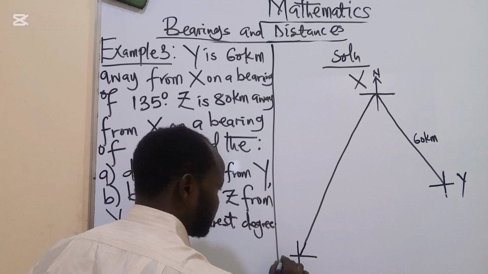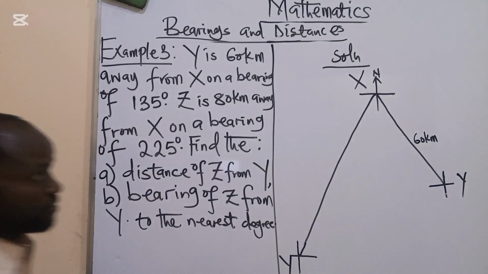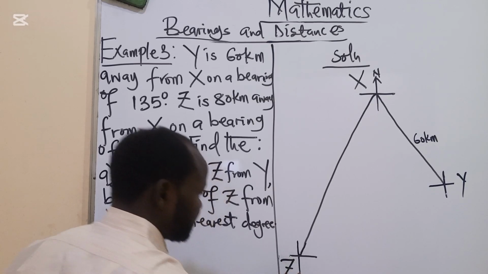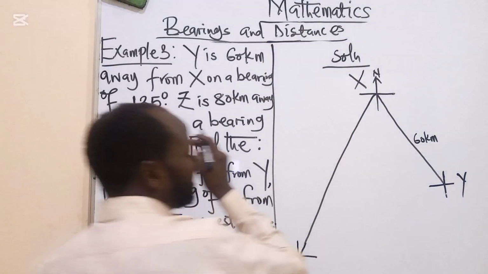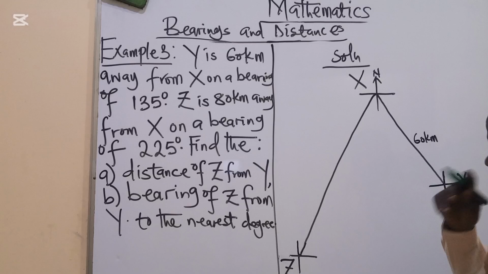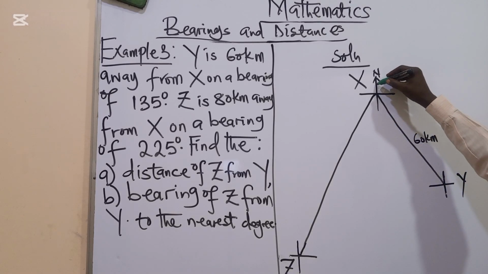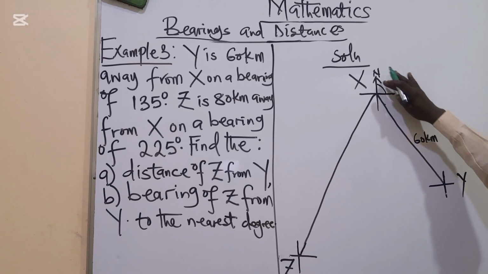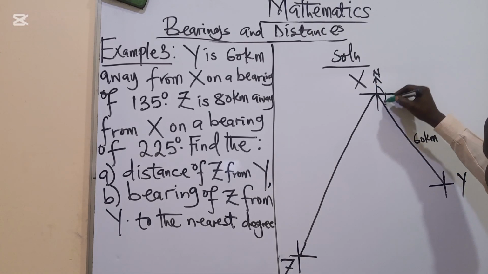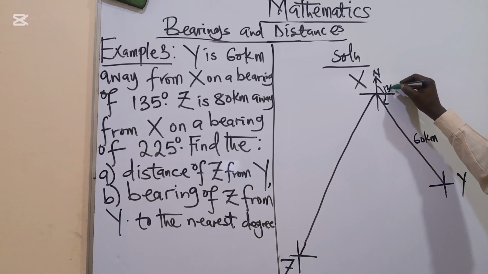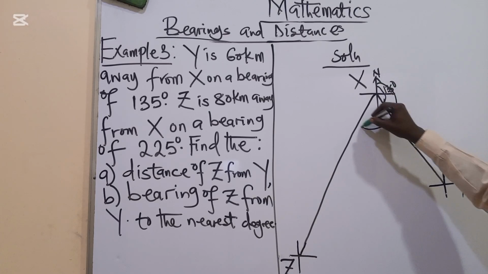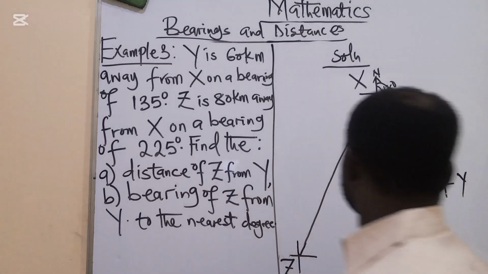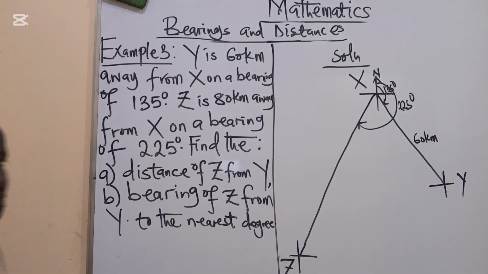This will not be Z. Z is 225 from X. First, this is 135. That's the first bearing. Then the next one will be 225. Very important. So this is the interpretation of the question.